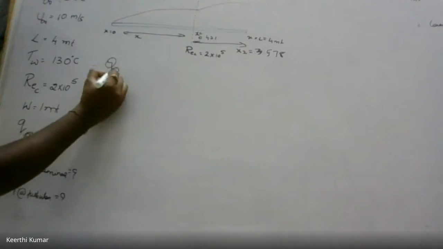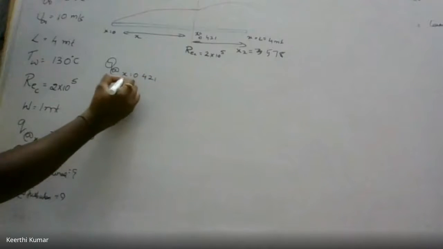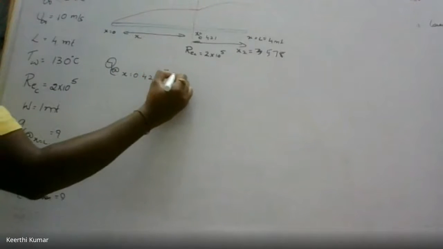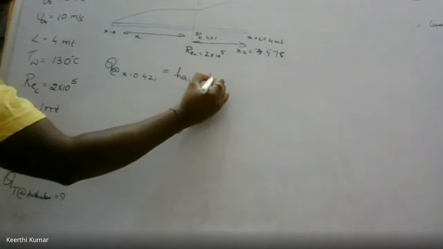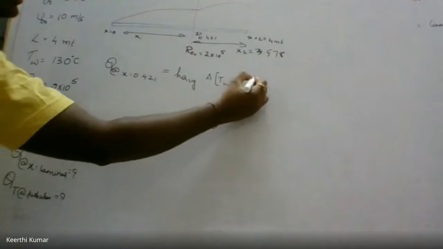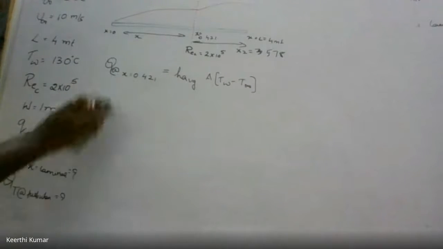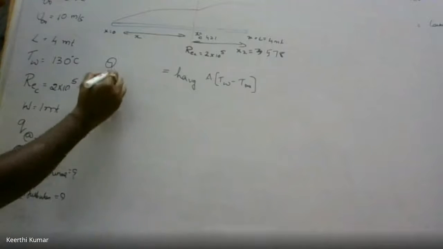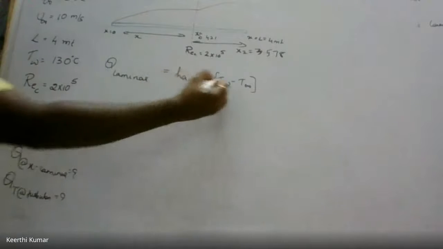That means Q at x is equal to 0.421. So he is asking this. The formula is h average into A into T wall minus T infinity. This is the general formula, correct? Instead of writing at x is equal to something, I'll write Q laminar region.